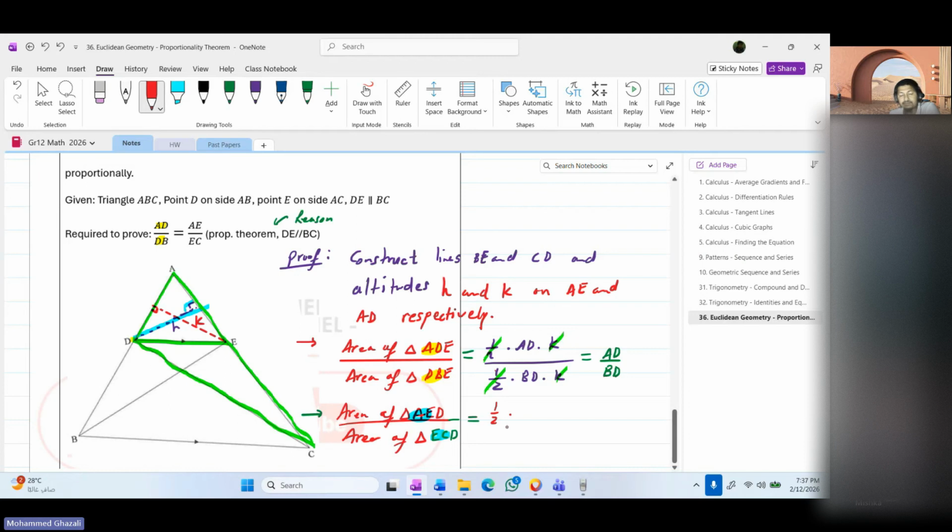Half times the base AE times the altitude H, divided by half times EC times H. Now we can cancel out the halves and the H's. So what we have now is AE over EC.